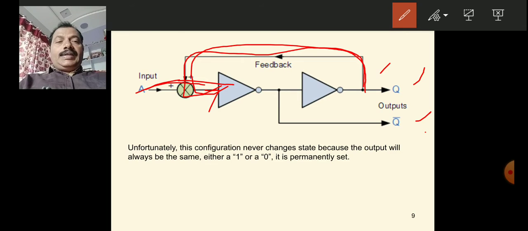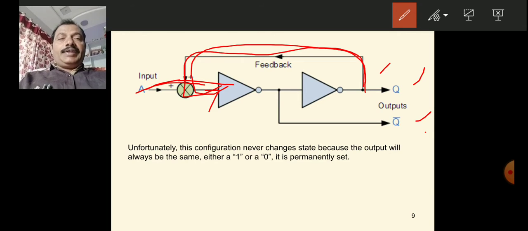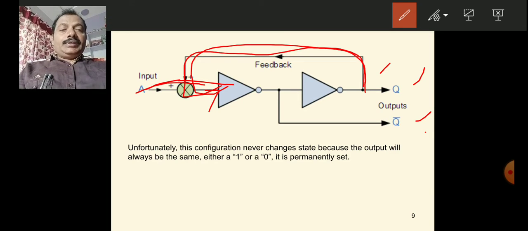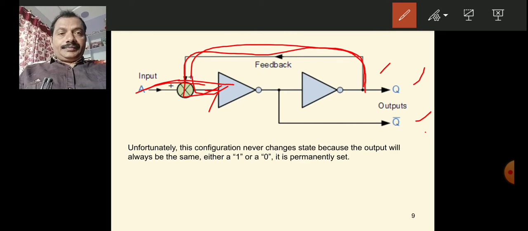There is a small disadvantage in this circuit. This configuration never changes state because the output will always be the same, either 1 or 0. It is permanently set. That is the disadvantage of this configuration.